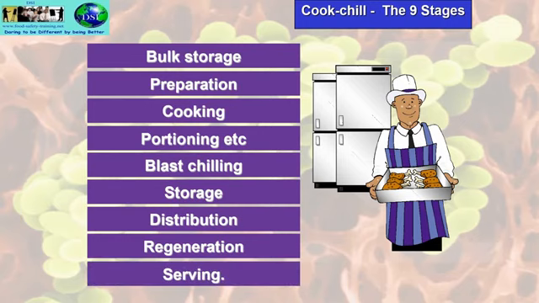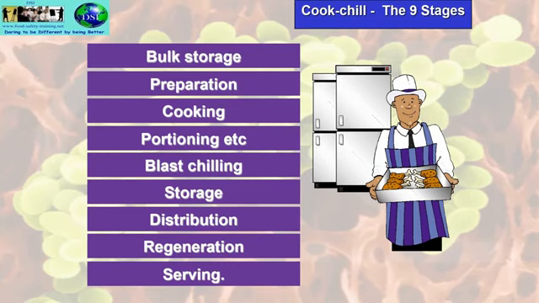And at each of those stages, there must be full protection of the food from outside contamination, and storage areas, depending on the food, either refrigerated, ambient, or frozen. Preparation must be done as quickly as possible and use small quantities at a time. Cooking thoroughly to 75 degrees C. Portioning, again, must be done quickly.